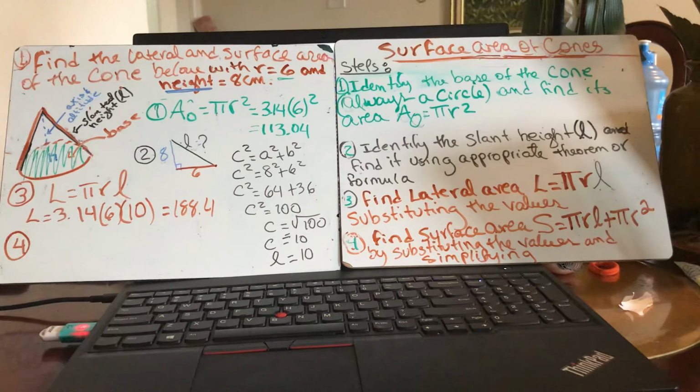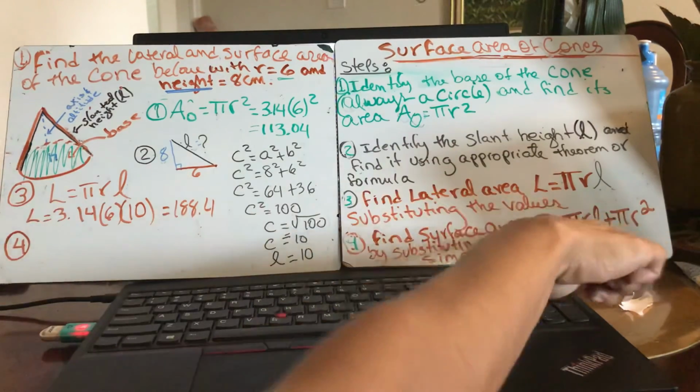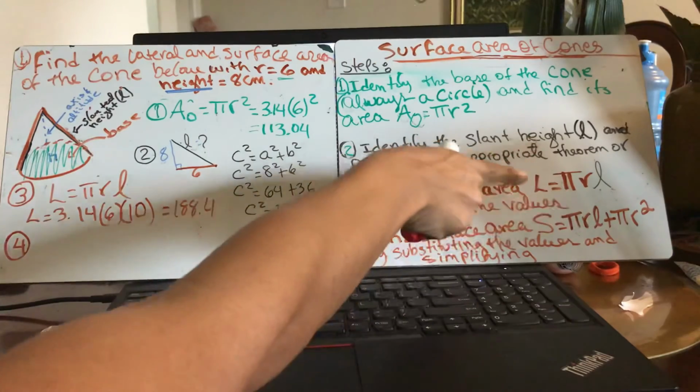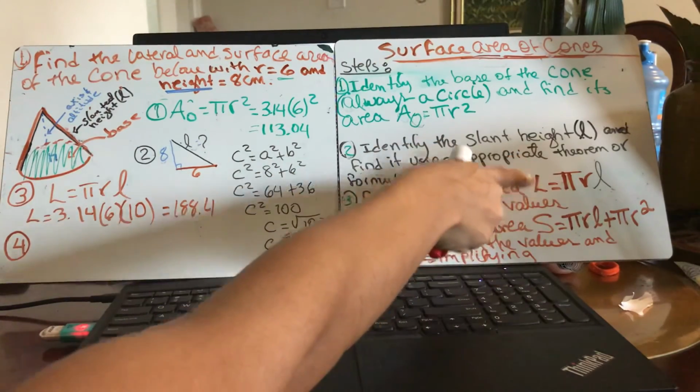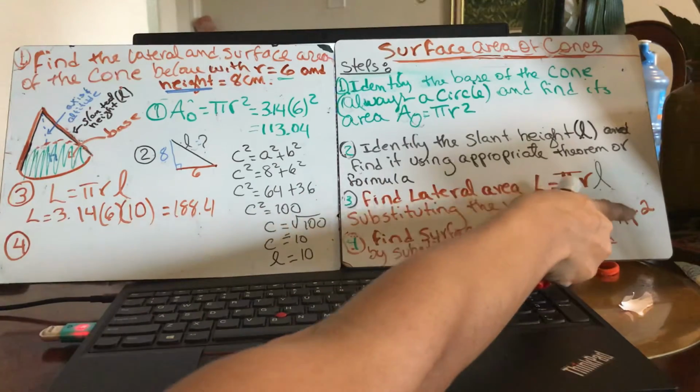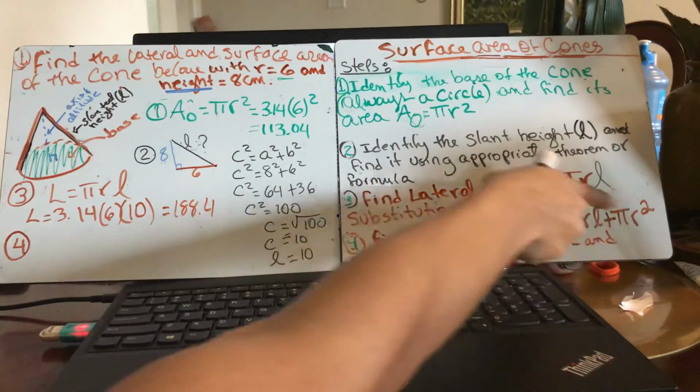And finally, the surface area is going to be just like on previous objectives. The surface area is just the sum of your lateral area plus the base area, and there's a formula for it. Notice that this piece right here, pi r L, is just the lateral area, which we already found, plus pi r squared, which is the area of the circle.